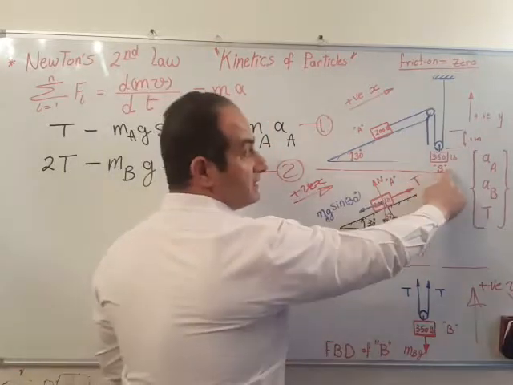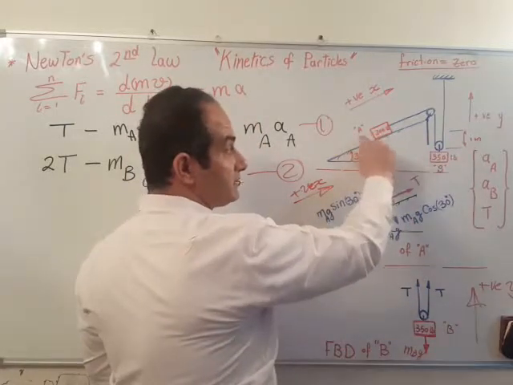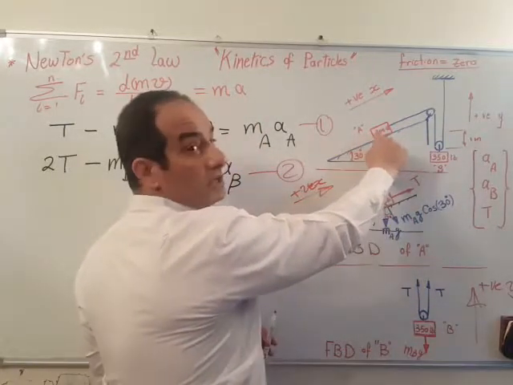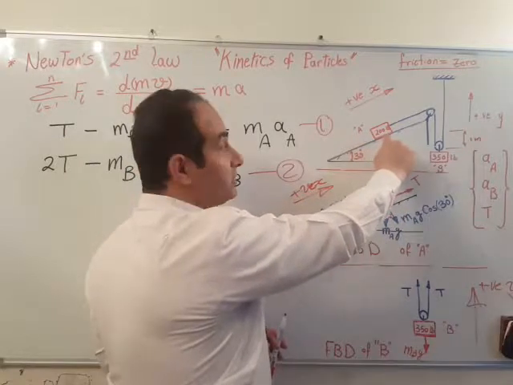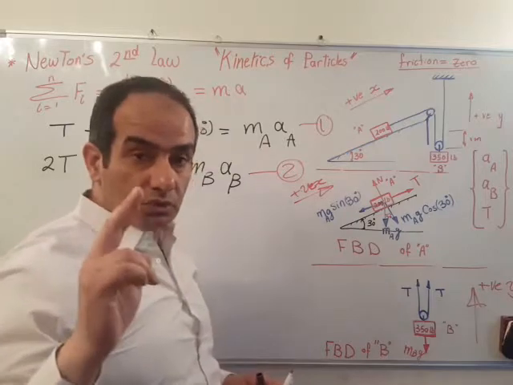If this mass moves upward 1 meter, mass A will move downward 2 meters.